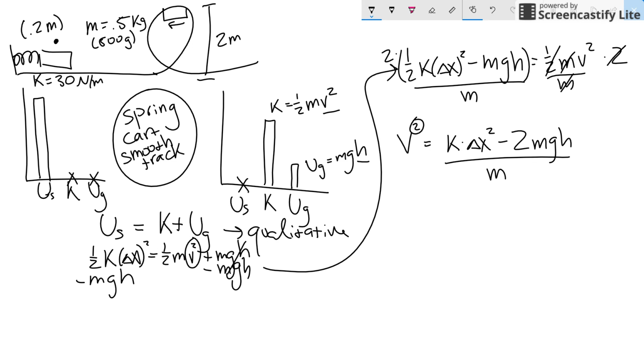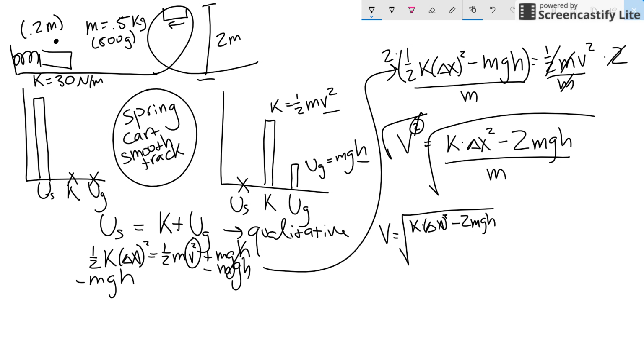Now we still have this squared, so we'll need to square root both sides to get rid of that square. So now we're left with V is equal to the square root of K times delta X squared minus 2 mgh, all divided by m. Now let's plug in our values.